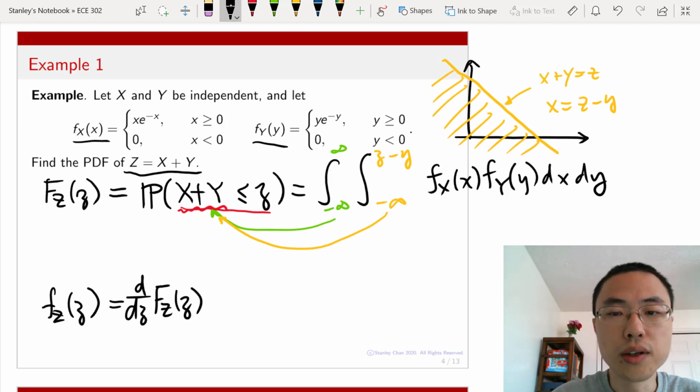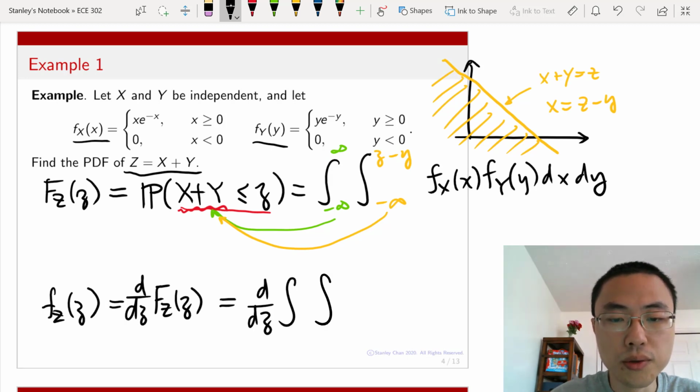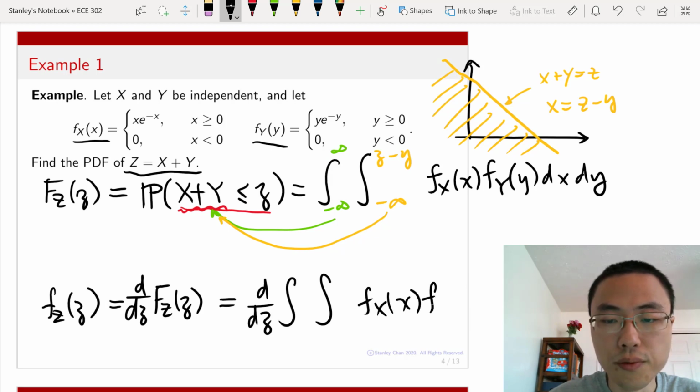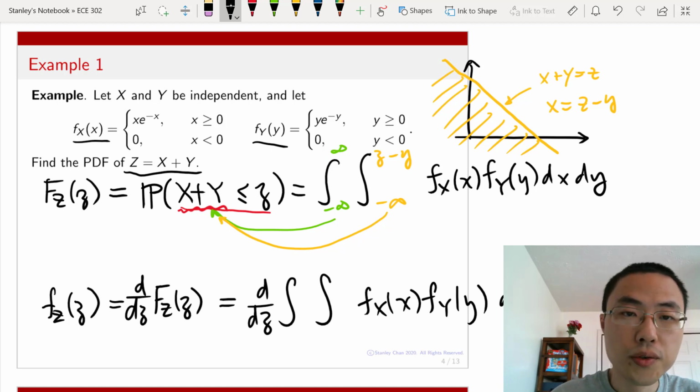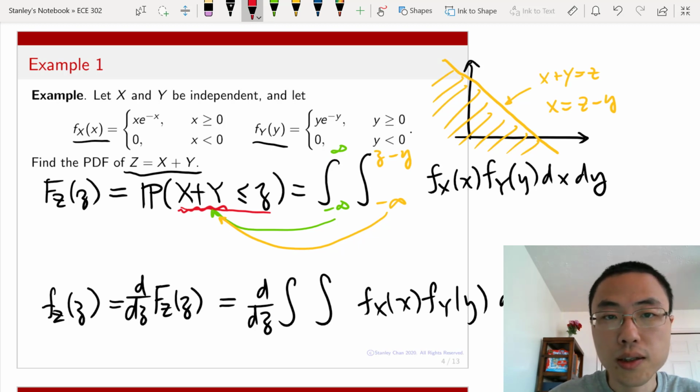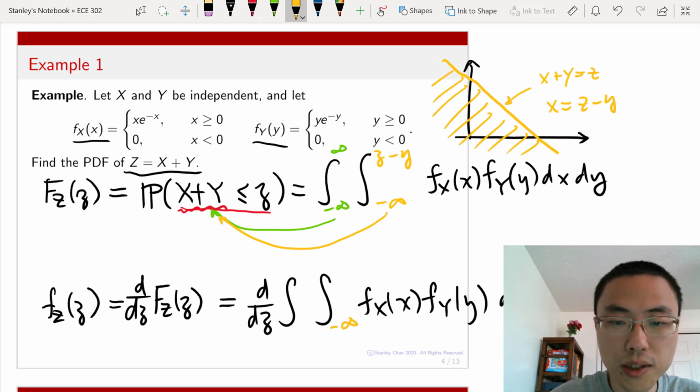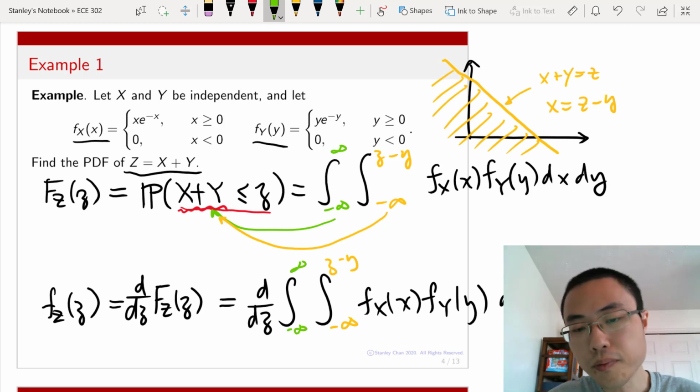Let's continue our calculation because we want to find the PDF, and we know that the PDF is d/dz of this double integration, with fx of x and fy of y, dx and dy. The inner integration is from minus infinity to z minus y. The outer integration is from minus infinity to plus infinity.